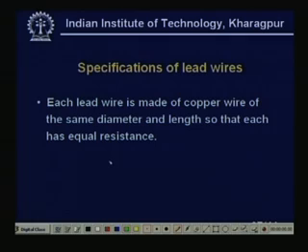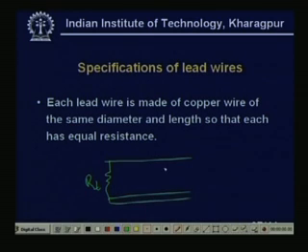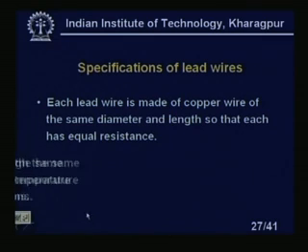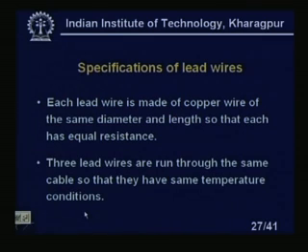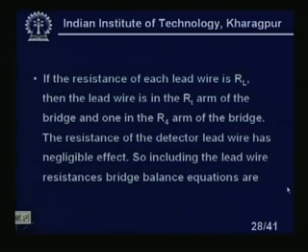I have a thermometer bulb RT, which will be connected to the bridge. So, these are all our lead wires. The three lead wires are run through the same cable, so that they have the same temperature condition. This is also necessary.